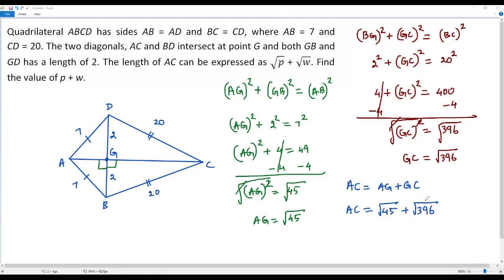Now I got the length of AC in the form square root of P plus square root of W. At the place of P, we have 45. At the place of W, we have 396. So P plus W equals 45 plus 396. When I add 45 and 396, I am getting 441. Therefore, the value of P plus W is 441.